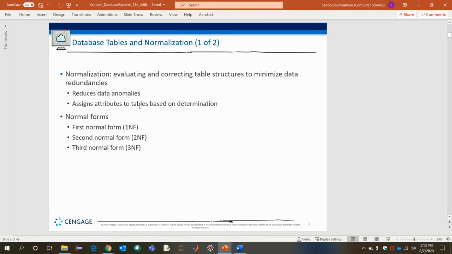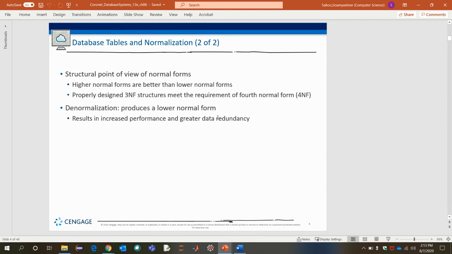Okay, so now we will see the structural point of view of a normal form. To define that, we should consider that the higher normal forms are better than the lower normal forms. It is always advantageous to make sure that the table in which you are currently working satisfies the higher normal forms.